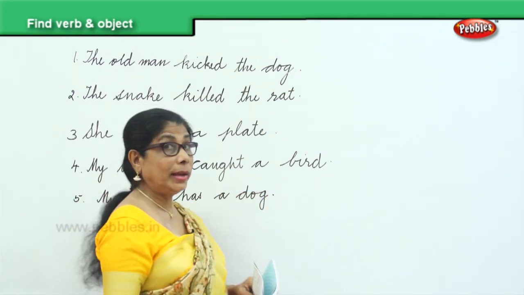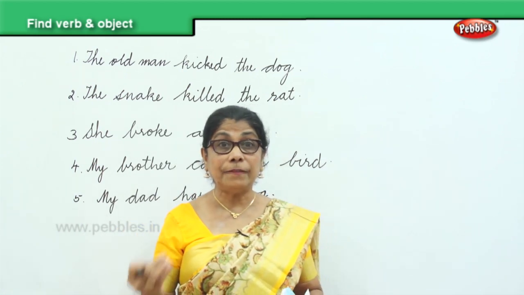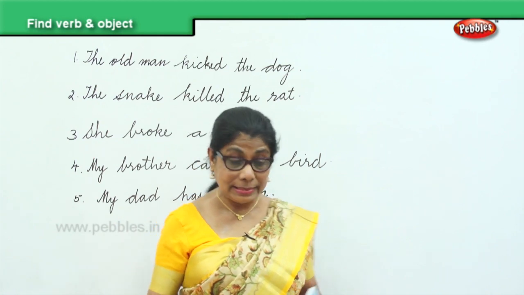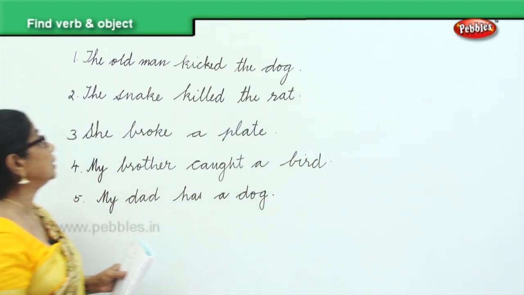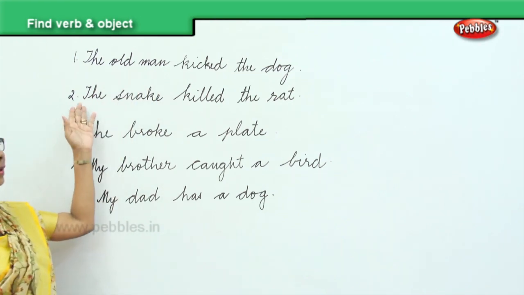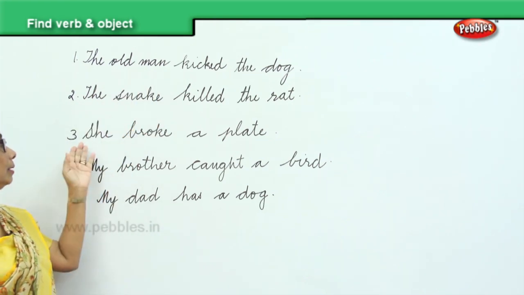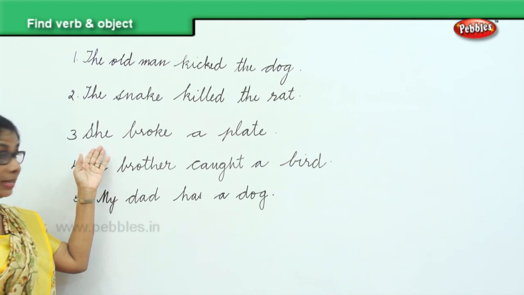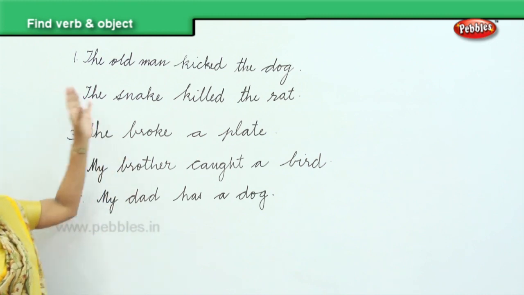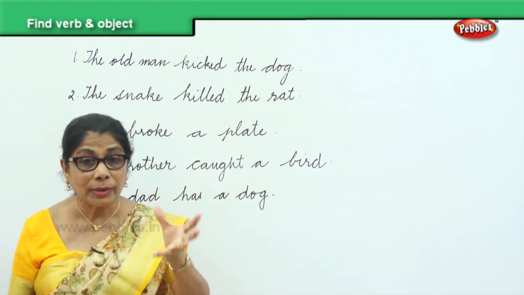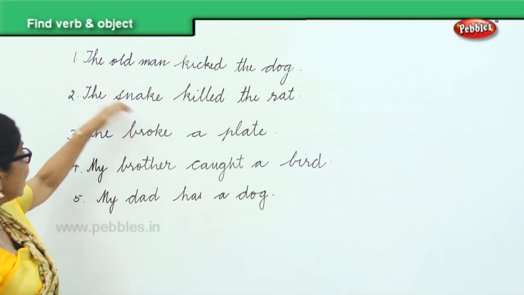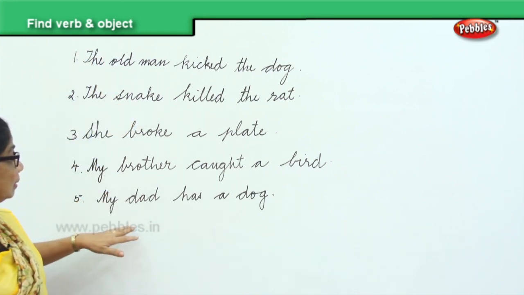Now, we are looking at the verb in the sentence. In these sentences, which is the subject? Old man. Here, the snake. Here, she. Here, my brother, my dad.